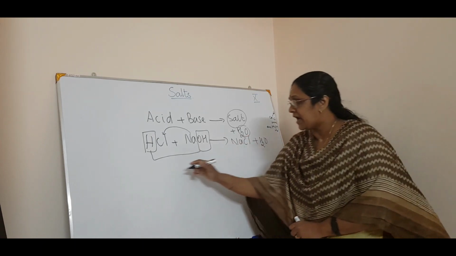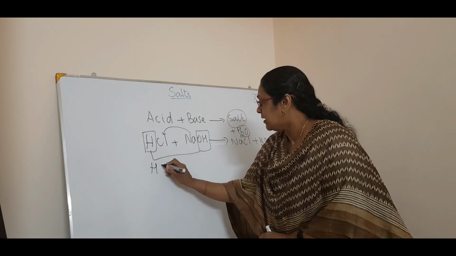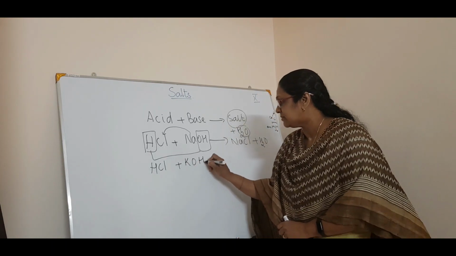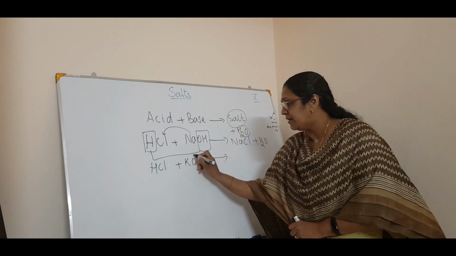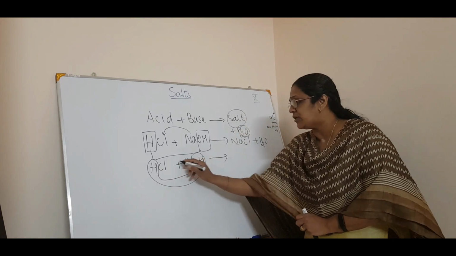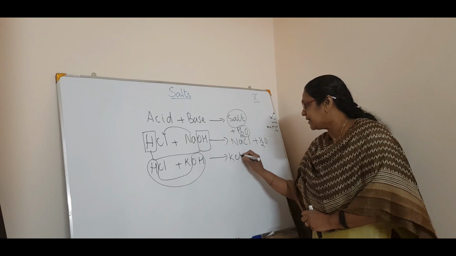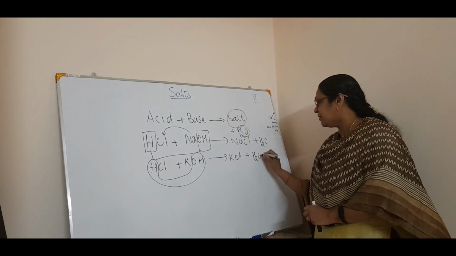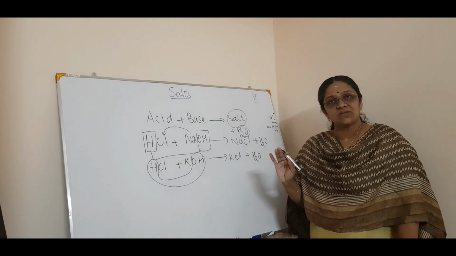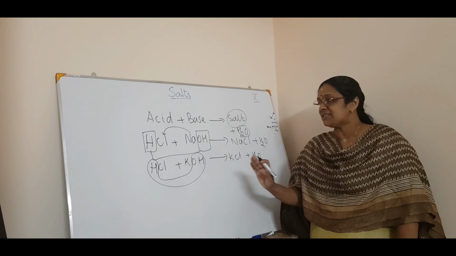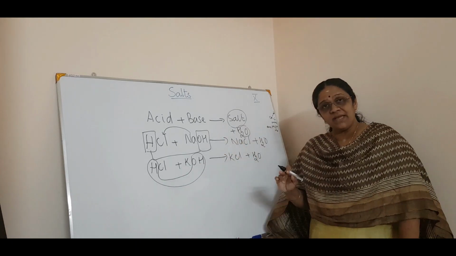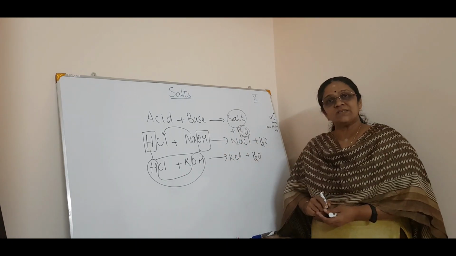Another example, HCl plus KOH. Again, what will you get if water is removed? What is the salt? KCl. KCl plus water. So this is how a simple or normal salt is formed. That means by removing water from the acid and base, you will get a normal salt.